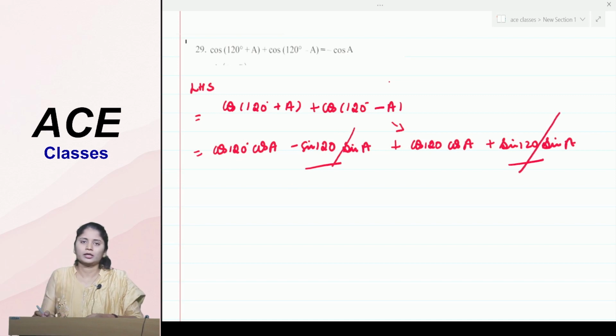Cos 120 cos A and plus cos 120 cos A will be 2 times cos 120 cos A.